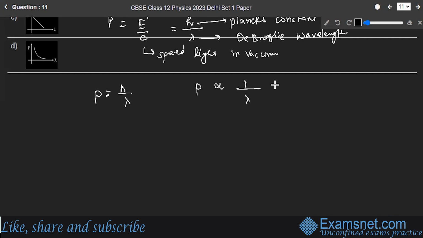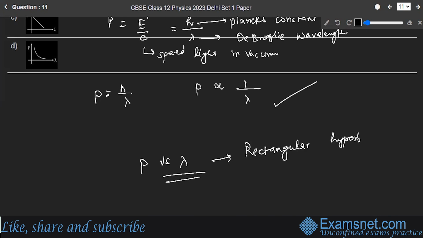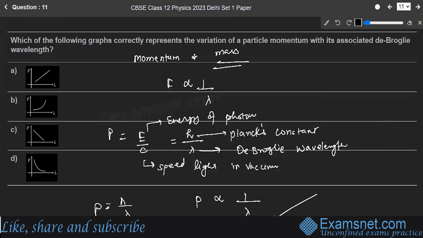By this relation, we can conclude that the linear momentum of a photon is inversely proportional to the de Broglie wavelength. The graph of P versus lambda should be a rectangular hyperbola. So which one is this? This is option D, the rectangular hyperbola. This is the right answer to the question. Hope you are clear with this.